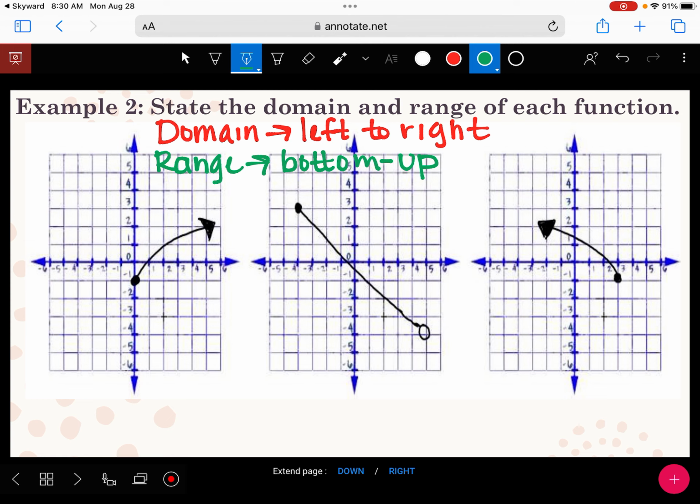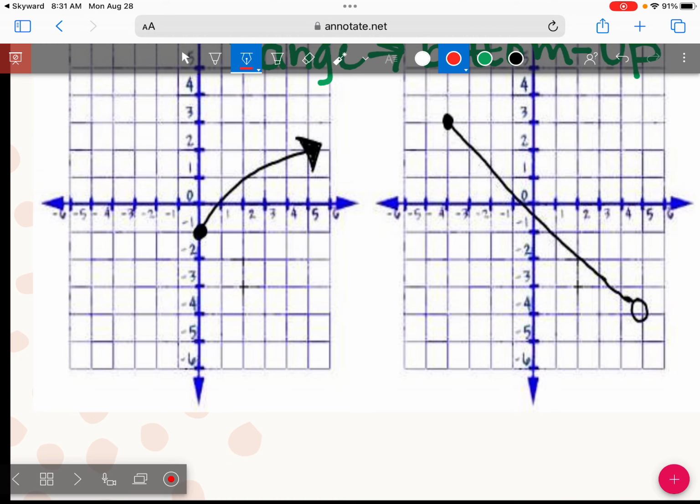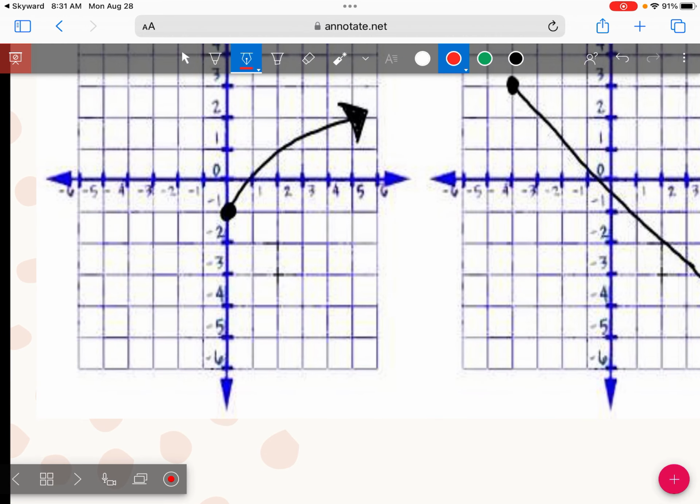Does anybody need more time to glue it down? All right, so domain. Let's go ahead and zoom in on this first graph. So for our domain, we're looking at how far does this graph go to the left.